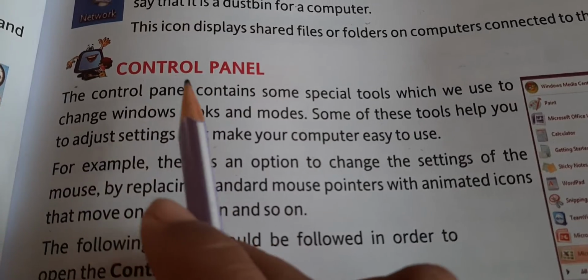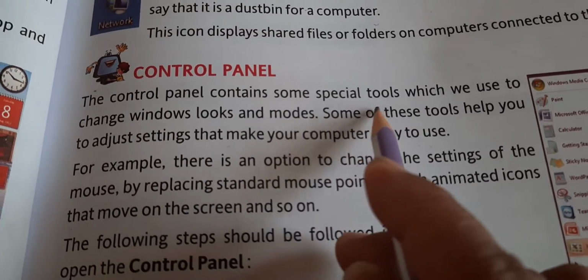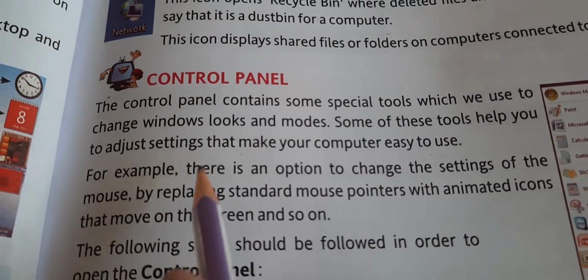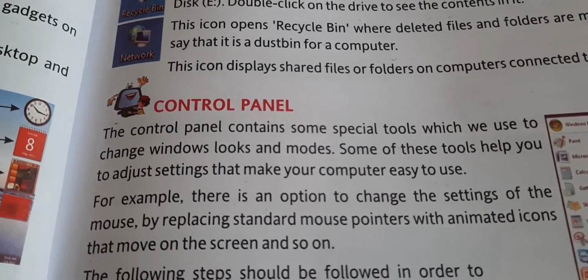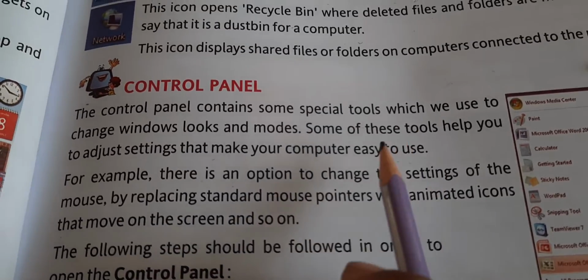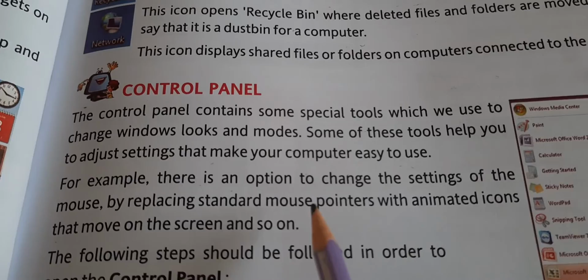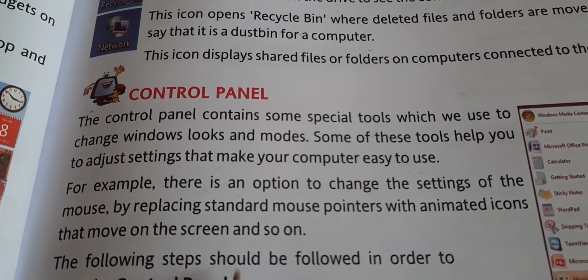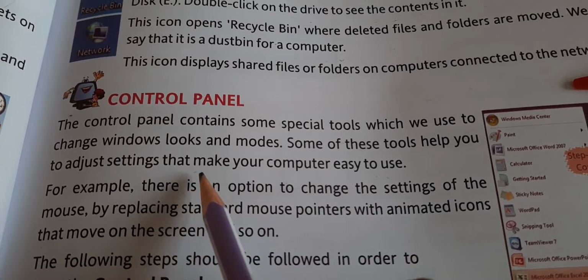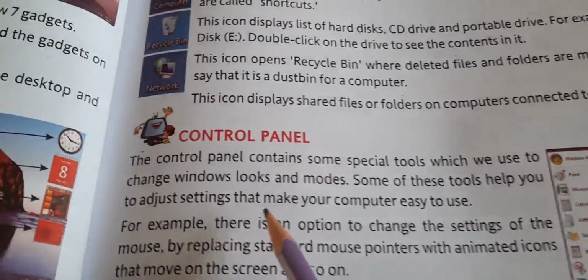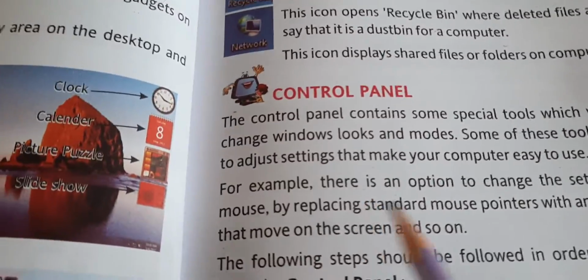Okay. So here there are special tools available which help us in changing the looks and the modes of the window. There are various looks available there, so we can change the look of the window. And why do we need these? So that our computers become easy to use.